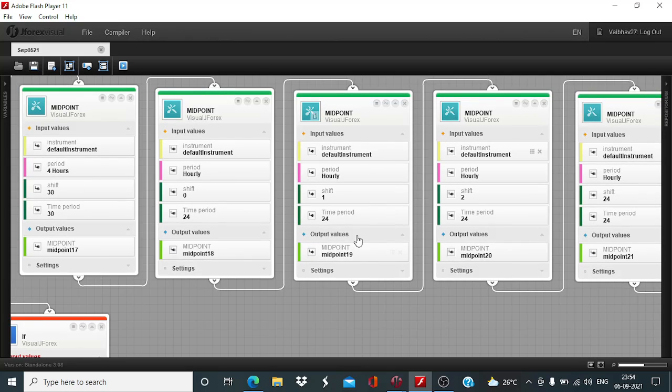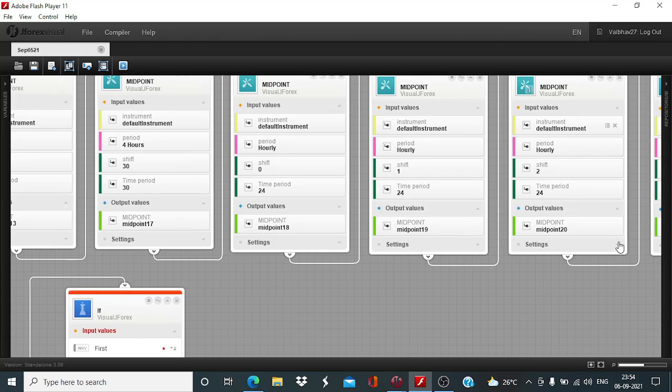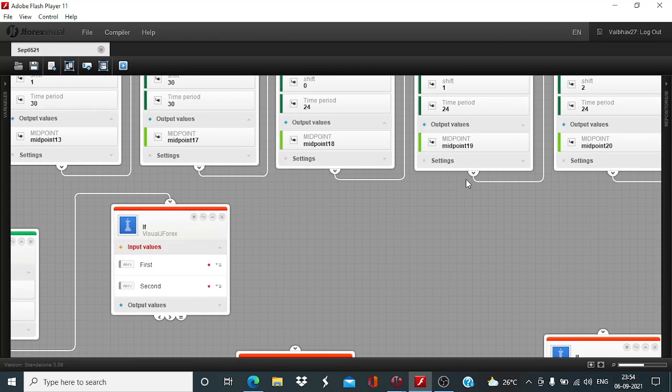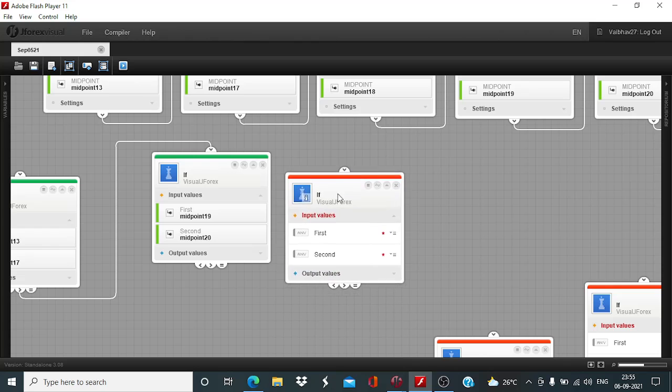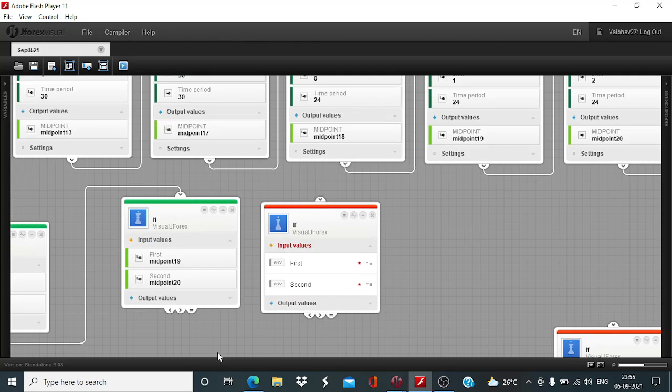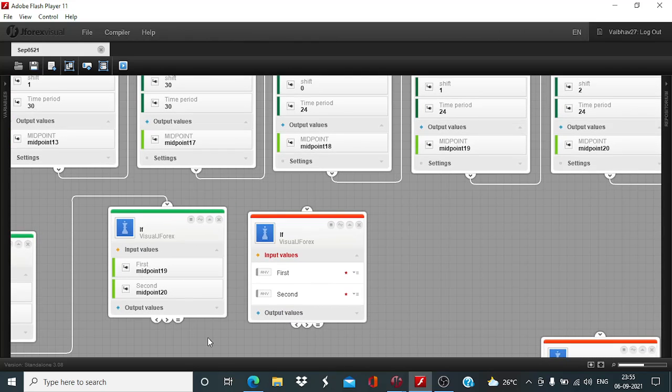So we take the midpoint 19 and midpoint 20. So here there is going to be first input less than second input.